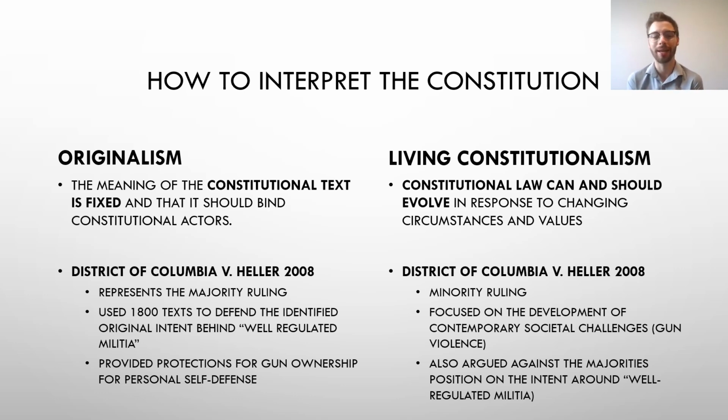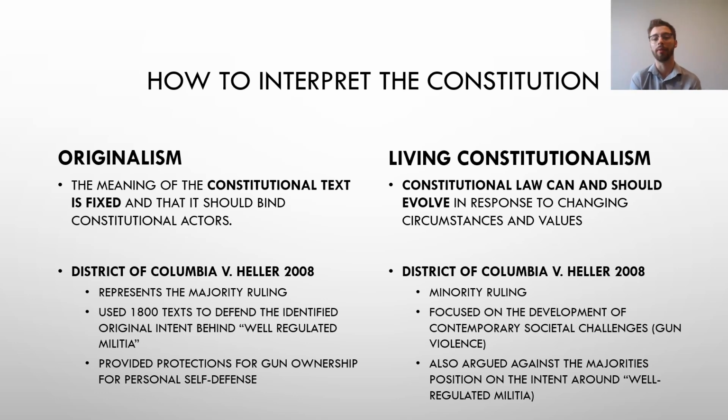So when we look at an example of these different interpretations in effect, we see the District of Columbia versus Heller in 2008, which is a Supreme Court ruling. We'll go into detail a little bit later on in this same slide. It is relating to gun rights in Washington, D.C. So with that very simplified interpretation, we know that the originalist interpretation of Columbia versus Heller is that we are going to rely on the founding fathers' objective when they wrote the Second Amendment.